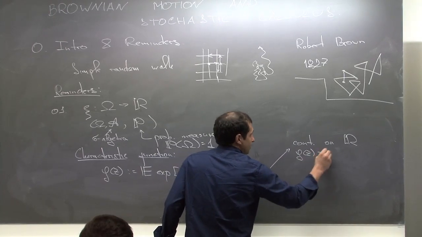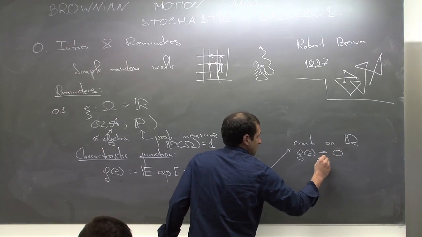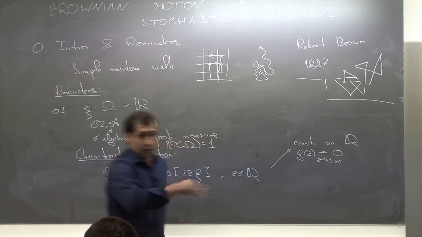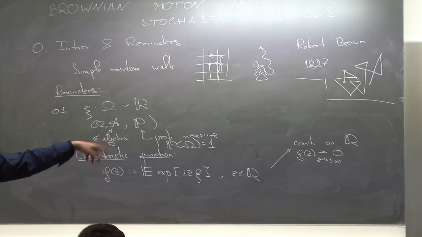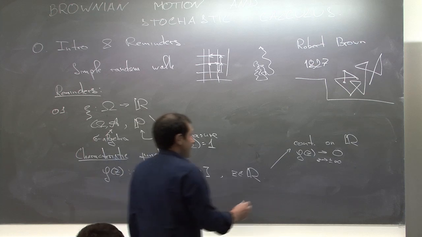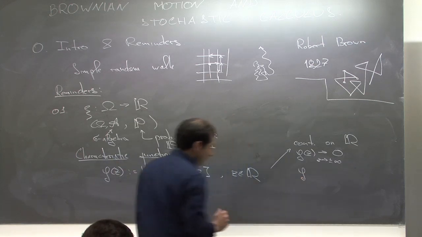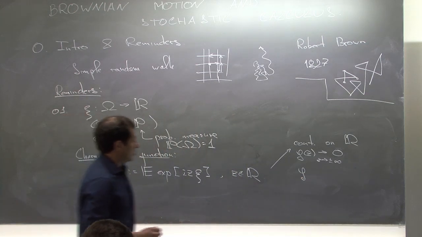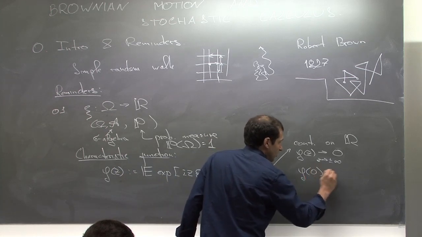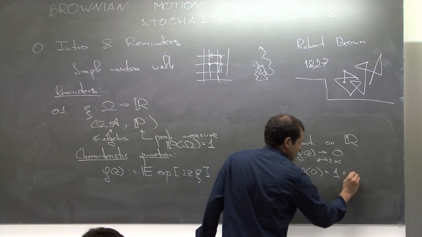It has 0 limits at infinities. Actually, it means it's uniformly continuous. Then its value at the origin is 1.